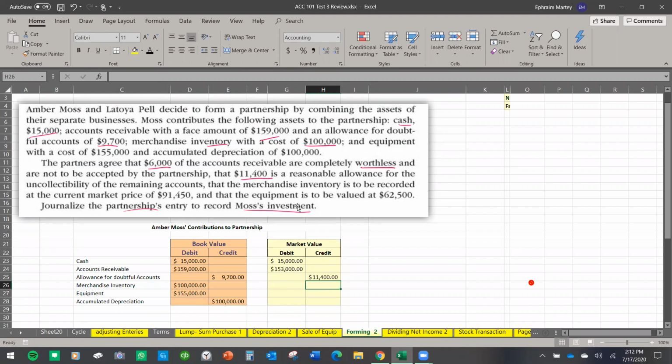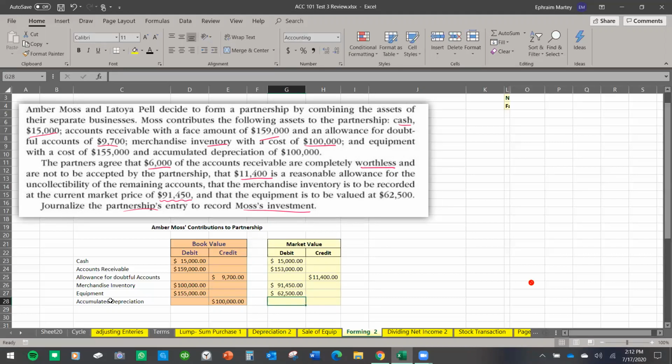For merchandise inventory, what did the partnership agree on? It should be recorded at the current price of 91,450, so the debit is 91,450. And then the equipment is to be valued at 62,500.